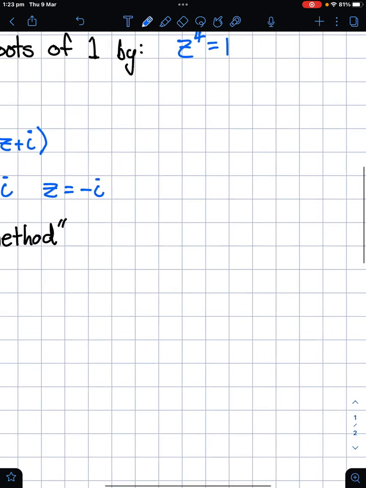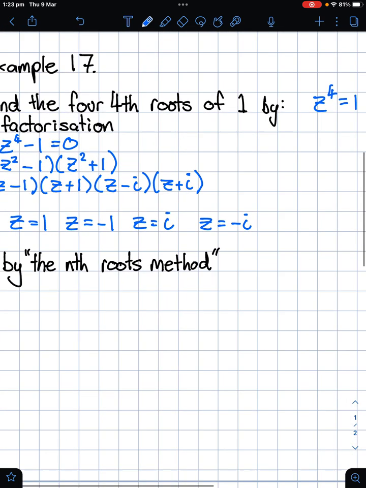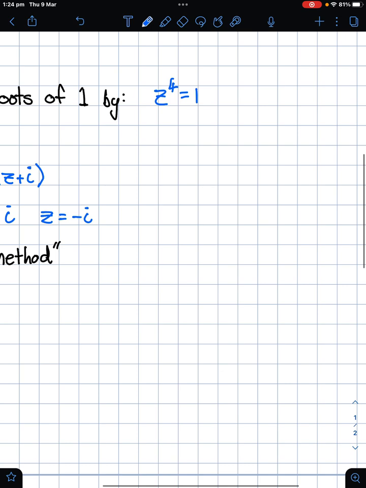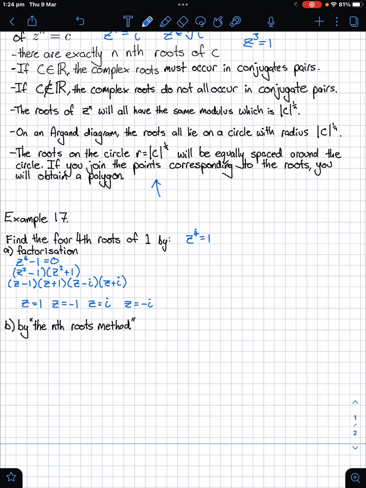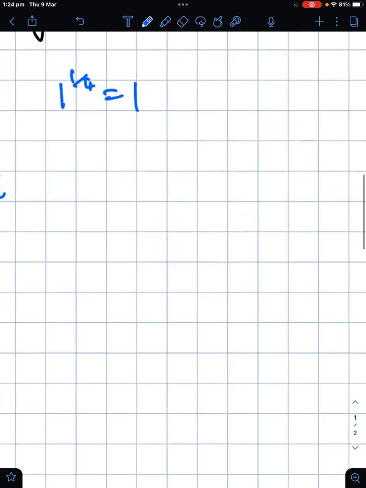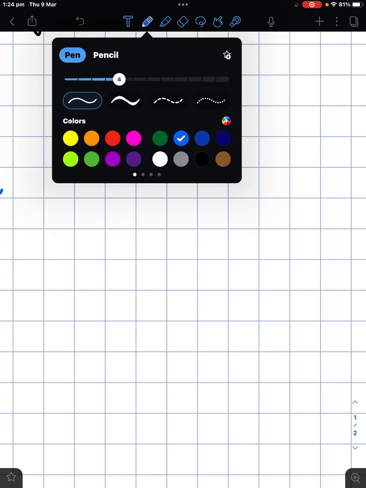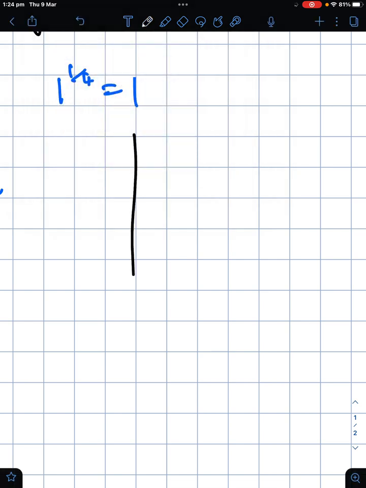All right, so if I was going to plot these points on the Argand plane, because we talked about here, the roots can be on the Argand plane, we've got these values here, and you will notice that 1 to the power of 1 over 4 is just going to be 1. So the modulus will stay 1. But if we were going to draw this, let me change colour for the axes.